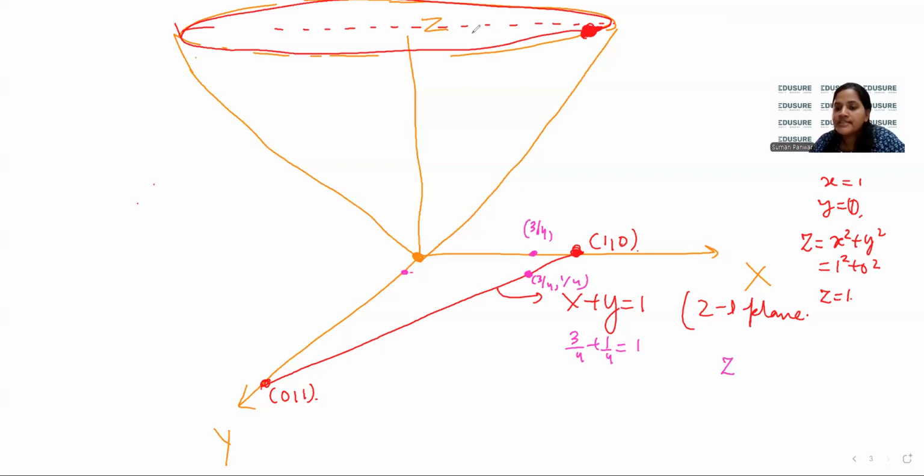We have z equals x square plus y square. So that is going to be (3/4) square plus (1/4) square, which is going to be 10 by 16. So I am going to have a height of 10 by 16. Okay. So 10 by 16 is nothing but 5 by 8, which is more than half.